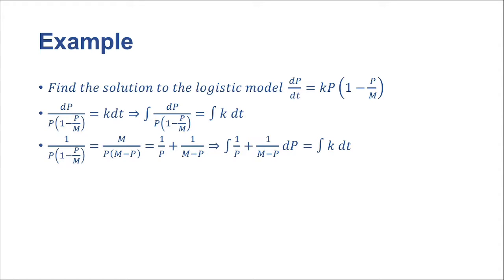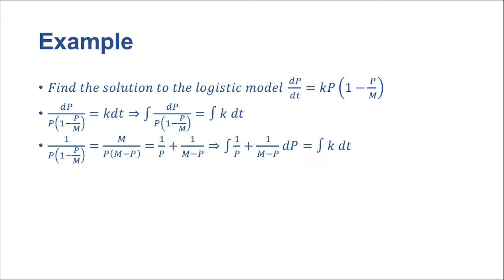So we are going to get 1 over P times 1 minus P over M. We're going to manipulate this so we get M over P times M minus P. And then we're going to apply the method of partial fractions to separate this into two fractions. I'm not going to go through how we do that because we did that back in like video 70, 74 or something like that.